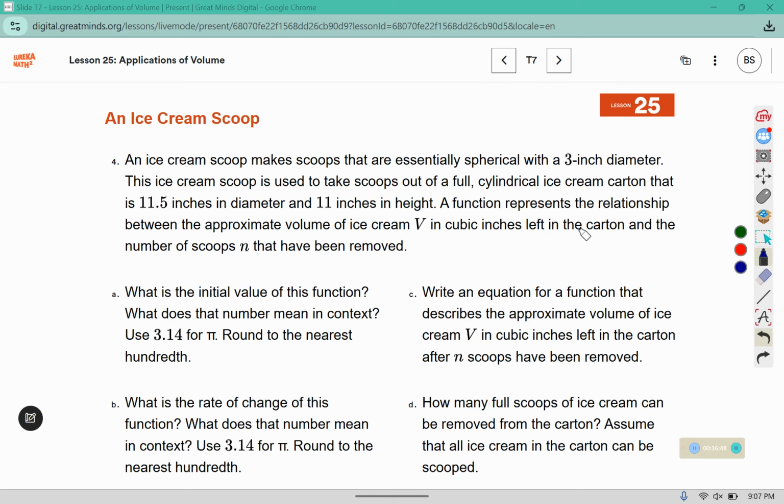Well, the initial value is going to be all of the ice cream in the carton, and it told us that the carton was a cylindrical carton, so we need the volume of a cylinder, which is radius squared times pi times height. It doesn't give us the radius, it gives us the diameter. So to get the radius, we need to divide the diameter into 2 parts, which is a radius of 5.75.